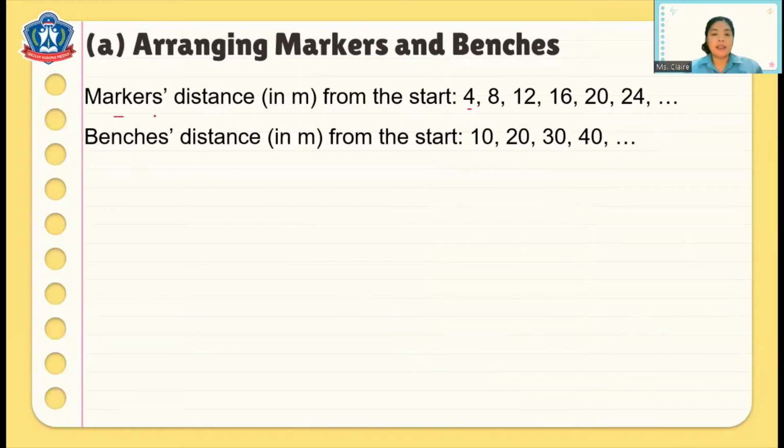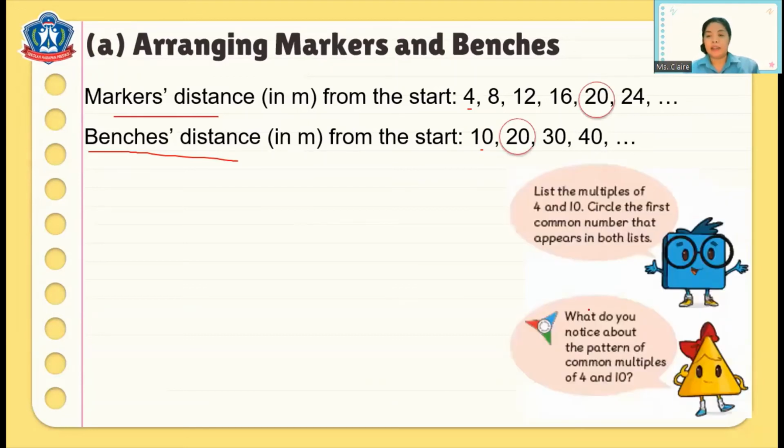Remember, the markers are every 4 meters from the start. So 4, 8, 12, 16, 20, 24. Benches are every 10. So starting from the start of the trail, 10, 20, 30, and 40. Have you noticed something? There is a number that is common to the markers and benches, and that is 20.